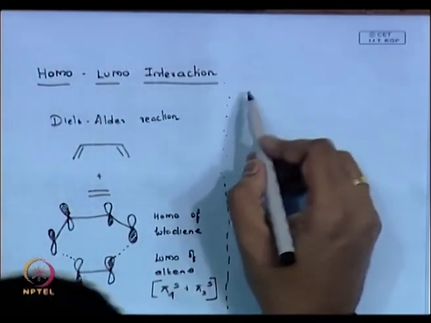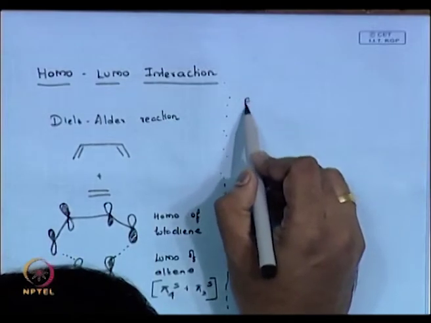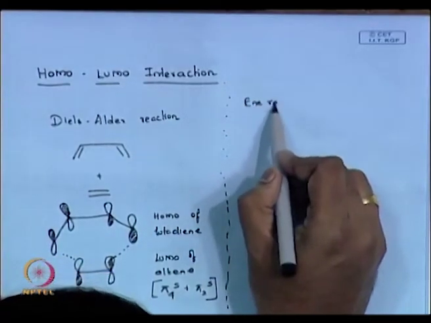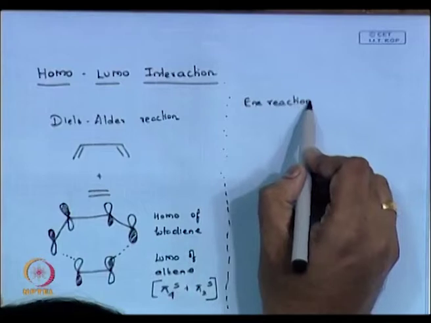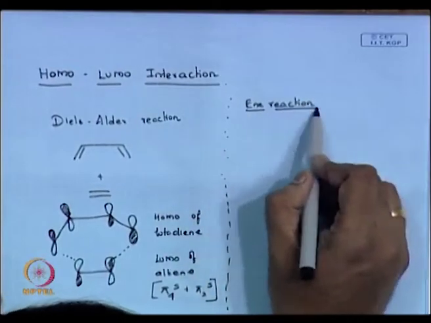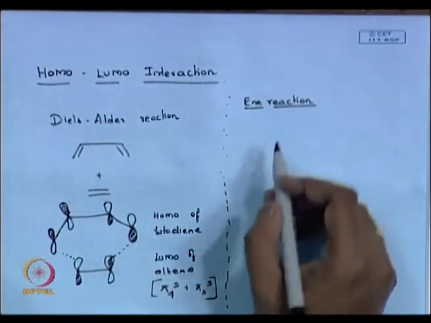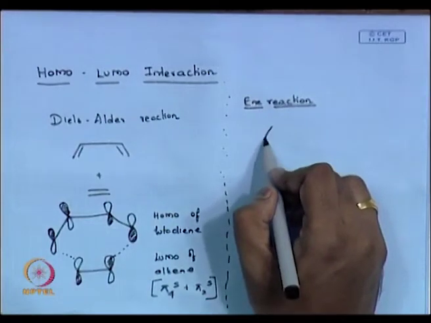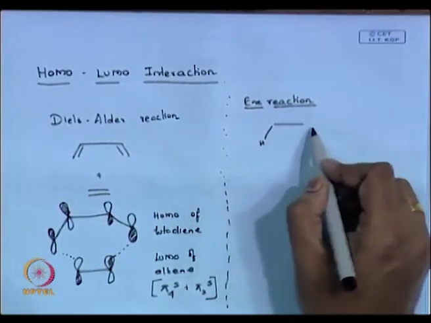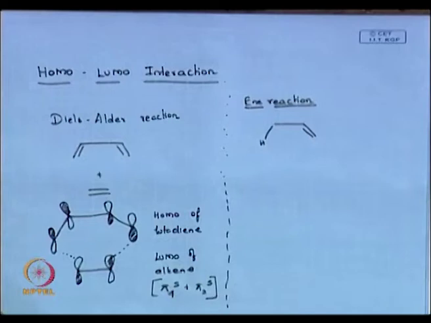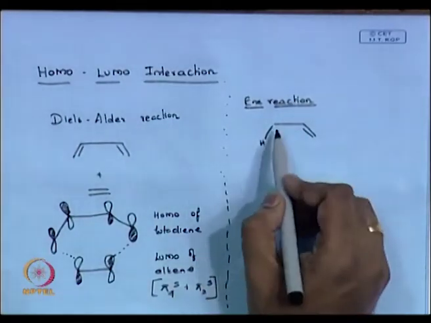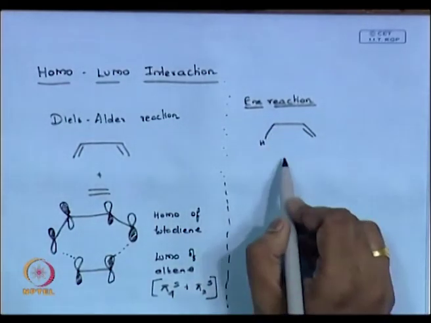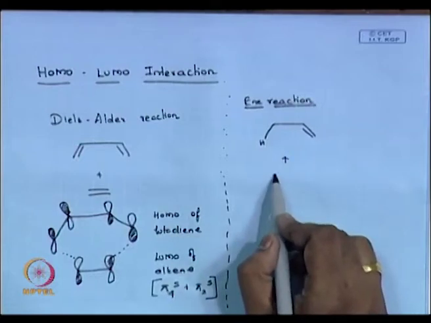In the case of the Ene reaction, what happens? You are going to take an allylic system, and then you treat it with an alkene.